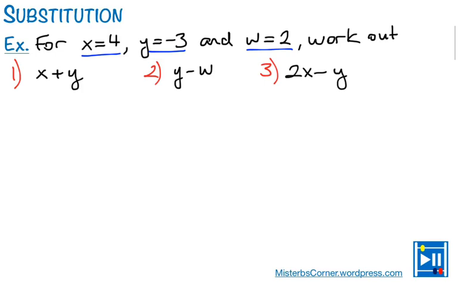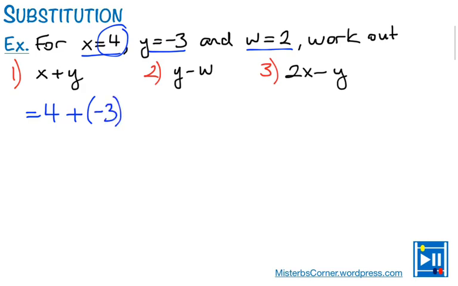Substitution means you write the value of the unknown in place of the unknown. So we are going to do x plus y, right? We're going to write for x the value, which is 4, plus for y, we're going to write -3.